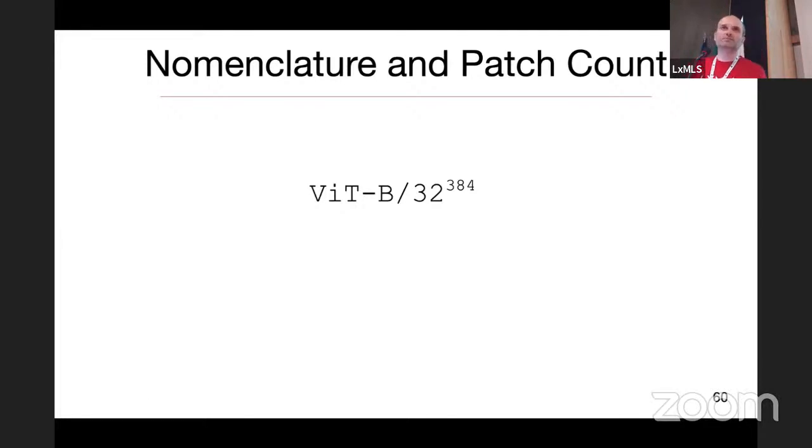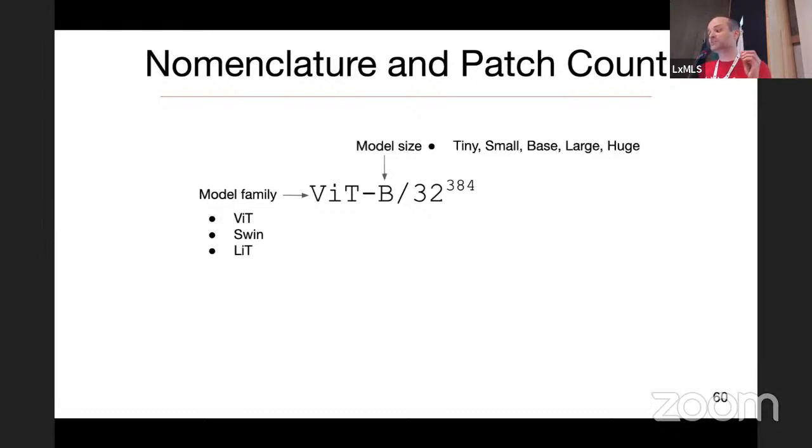So you'll see stuff like this: "We use ViT-B/32-384," and you're like, come on. The first part is the model family. This will usually be something like ViT or Swin or LiT. The B is the model size, or the size of the transformer. The third part is the patch size. So when I said you split it into K patches, it's K by K pixels. And the last part is the input size of the image that the vision transformer processes.